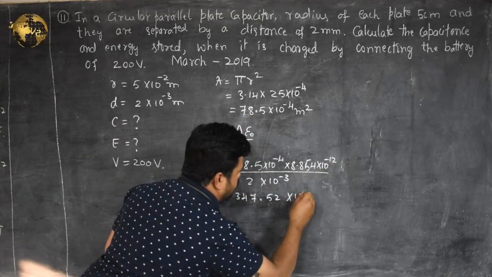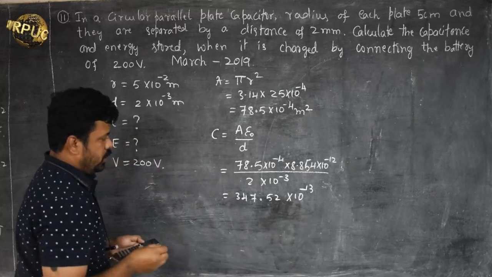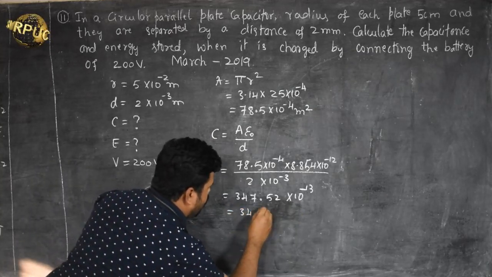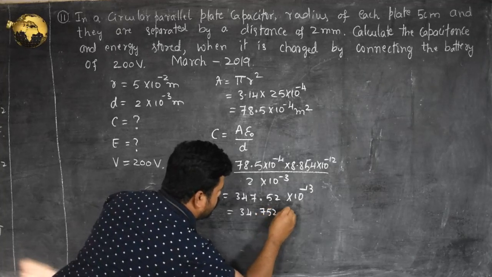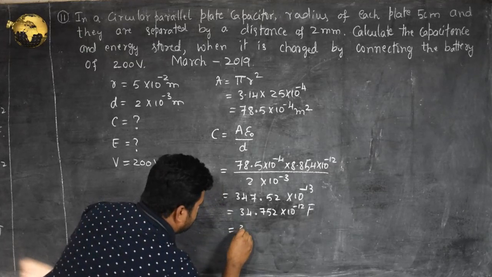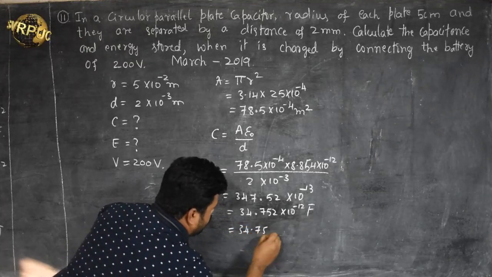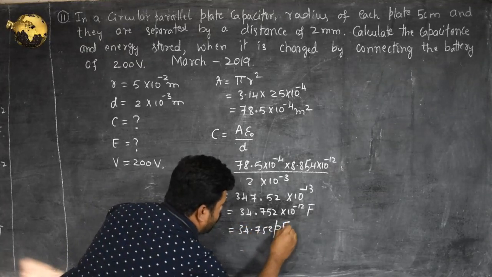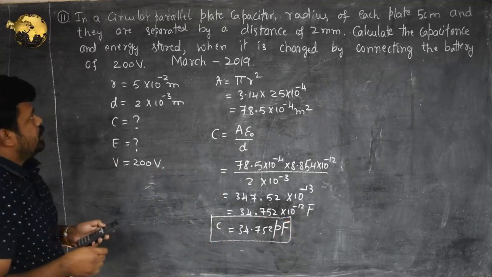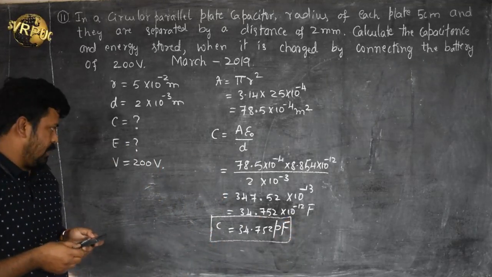I can write it as 34.752 into 10 to the power minus 12 farad, or simply 34.752 picofarad, which is the capacitance of the circular parallel plate capacitor.